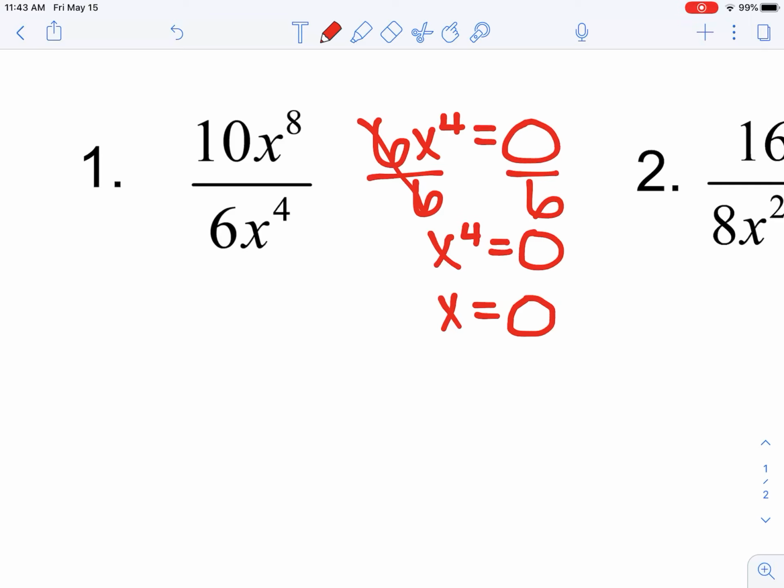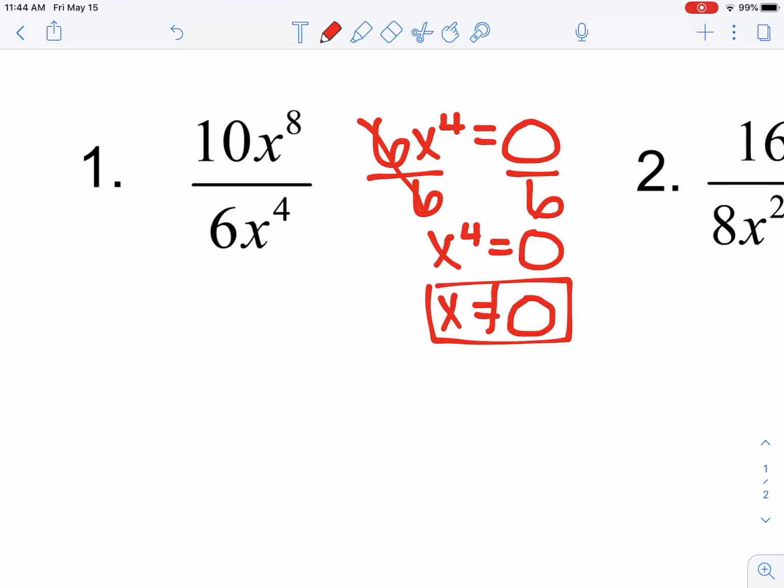We've done that earlier this year in Algebra 2, so you can type 4th root of 0 into your calculator as well. So remember, this is our excluded value, so this is what they are telling us that x cannot equal. So make sure you draw a slash through that equal sign so we know this is what x cannot equal, because it would make the denominator 0.